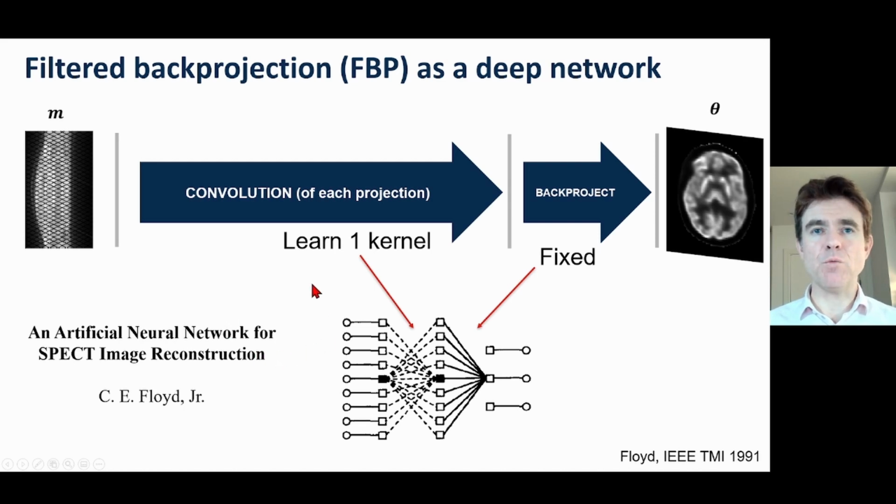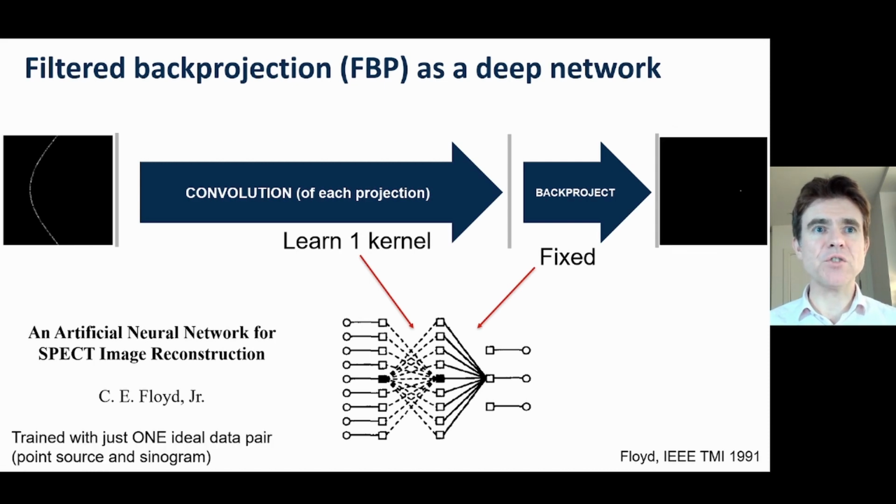And what he did was take that concept of filtered back projection, but then decided to learn what that convolution kernel needs to be in order to go from a sinogram to a single point source. So he used one pair of training data examples, a known input and a desired output, in order to find the one single kernel that will be able to convolve each projection row such that when back projected will give the desired image.